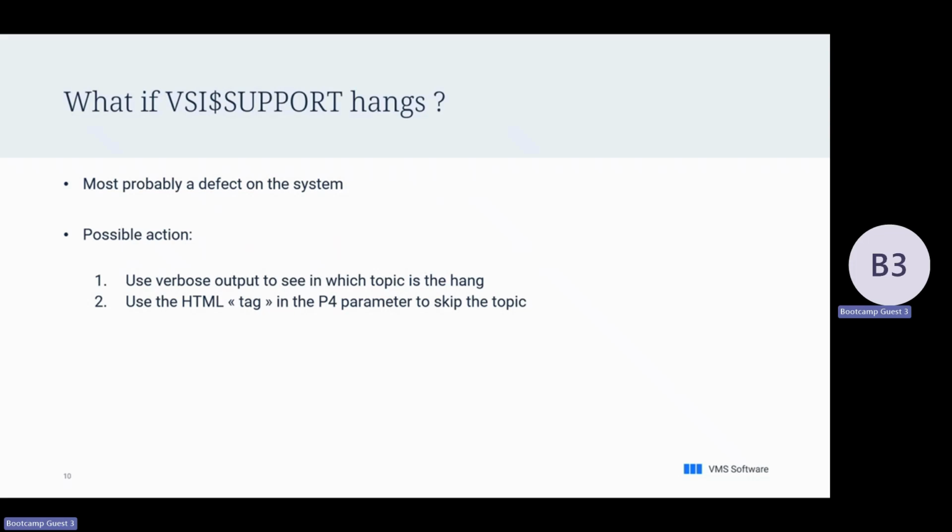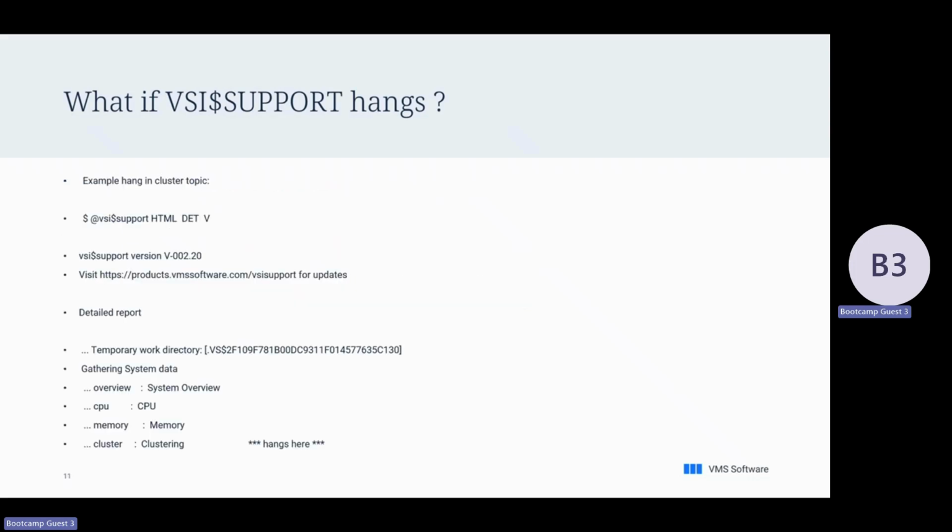First, what we would do is execute it in verbose mode. So for instance, @VSI$SUPPORT HTML DETAIL V for variables, and on your screen you will see what it is doing.